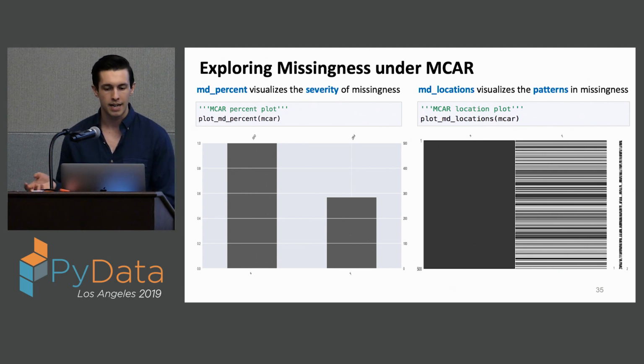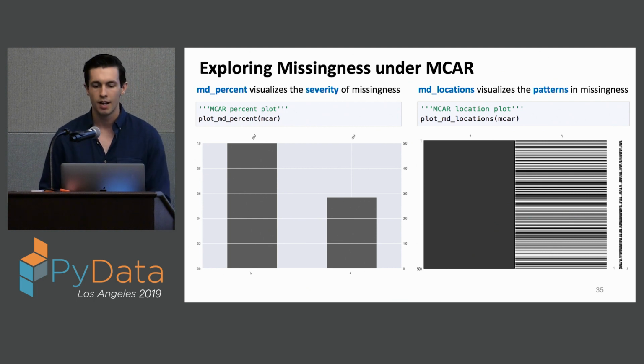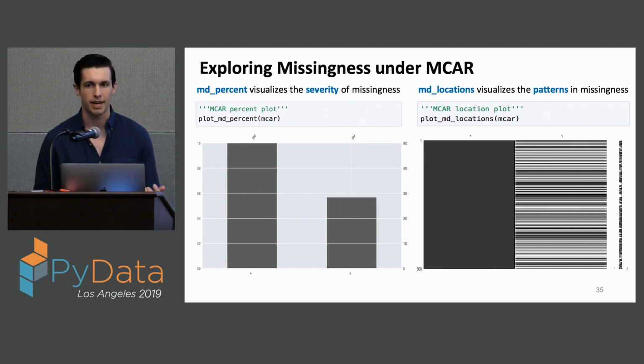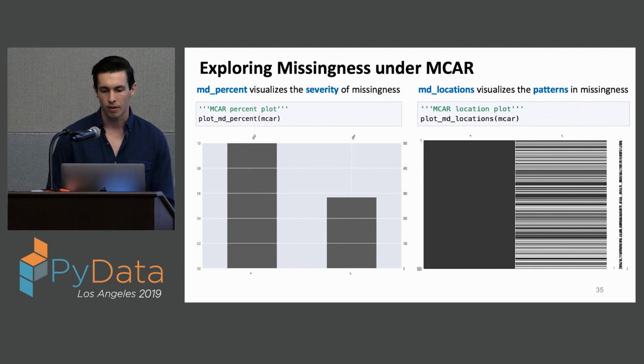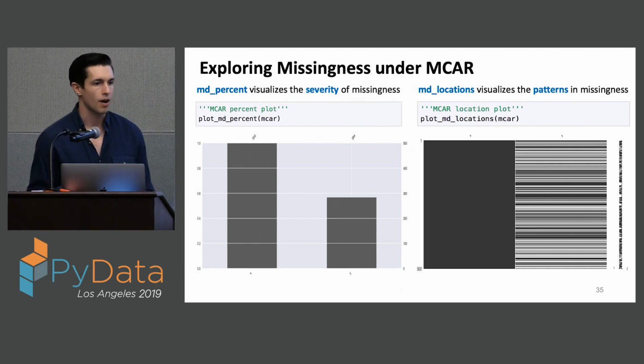The plot on the right shows the locations of missingness within our data frame, right? So because in this case X is fully observed, that's why we get a black rectangle. The important part is on the right here with Y. The white bars represent missing rows or records, and we don't see any pattern in them, right? They are evenly distributed throughout the vector, and they have no relation to X, right?